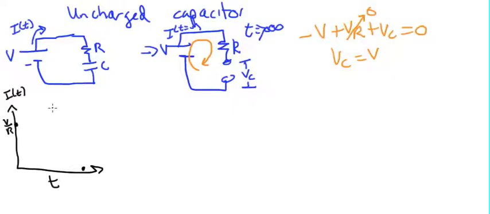Okay. So now what we need to do is figure out what this function looks like in between here. More or less, what ends up happening is the charge that comes through here and builds up onto the capacitor is a continuous function.